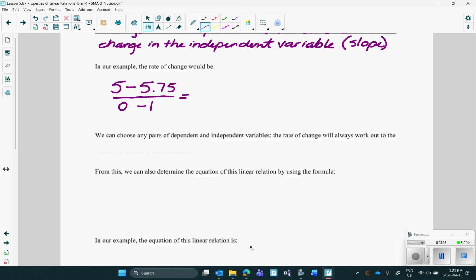It's basically the slope formula. So that would give me negative 0.75 over negative 1, which is negative 0.75. We can use decimals with these ones. In fact, decimals are preferred whenever we do problem situations. What would be the units?